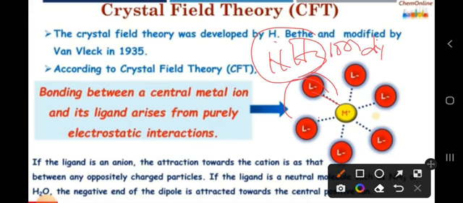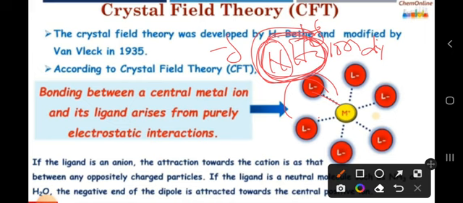Why? Because nitrogen will show partially negative charge and H will show partially positive charge, so these two will show a dipole moment. In the same way in H2O, H is partially positive and oxygen is negative. So they will act as a neutral molecule and ion dipole.